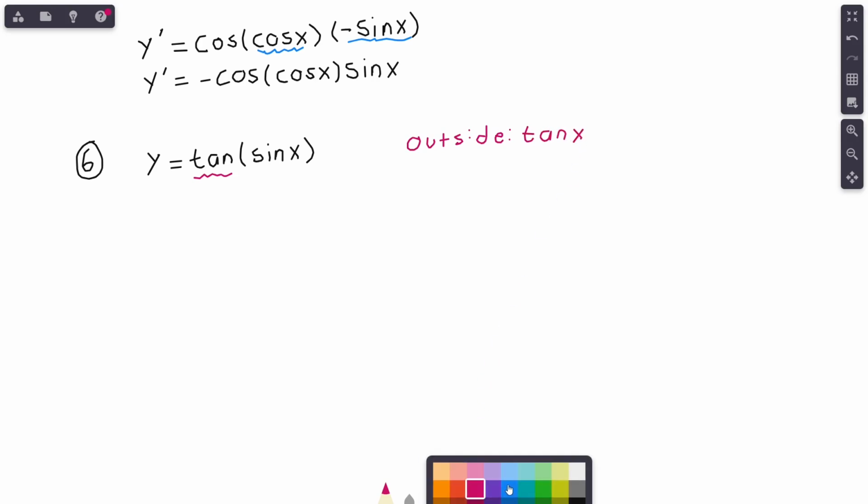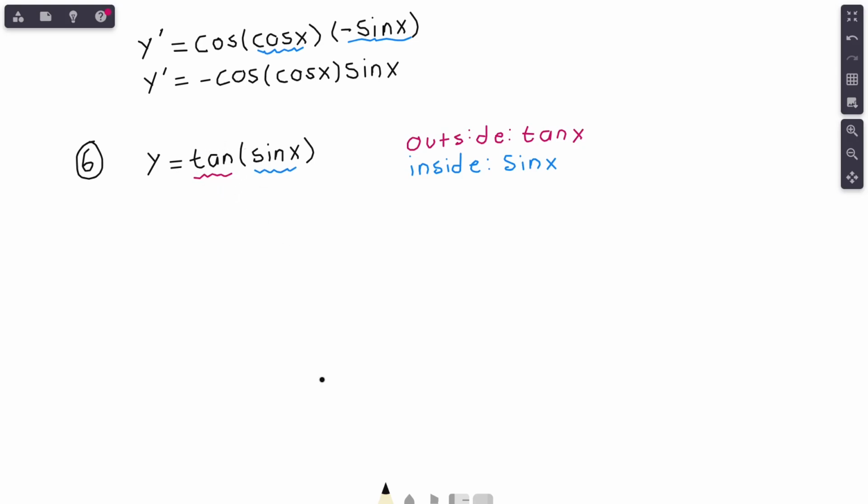And our inside function is going to be sine. Okay, so we're going to take the derivative of the outside, multiply by the derivative of the inside. So what's the derivative of the outside function, the derivative of tangent?